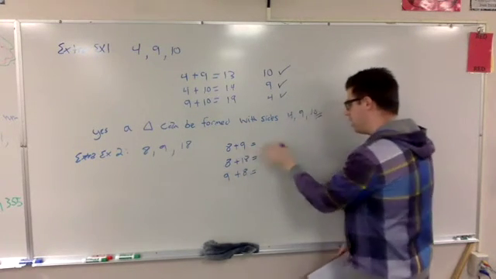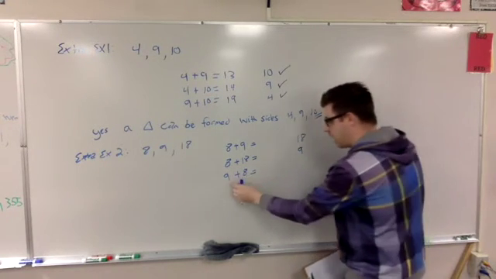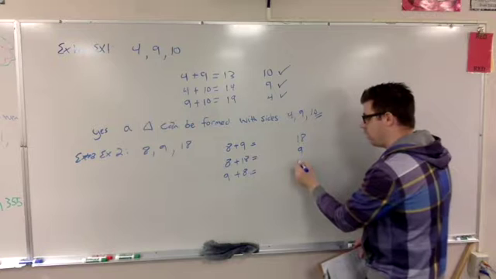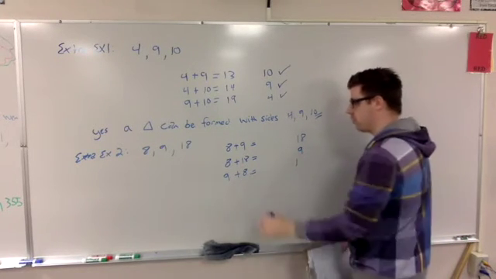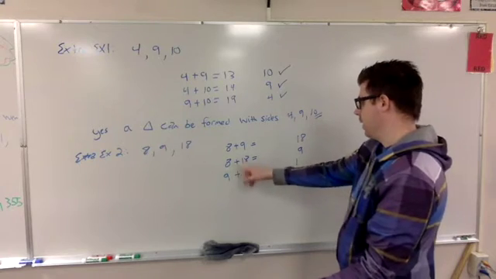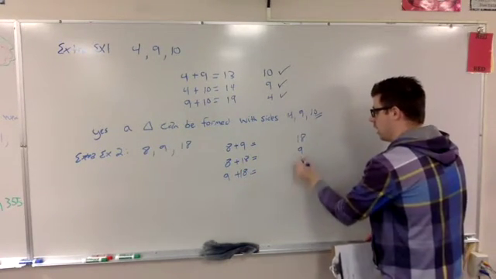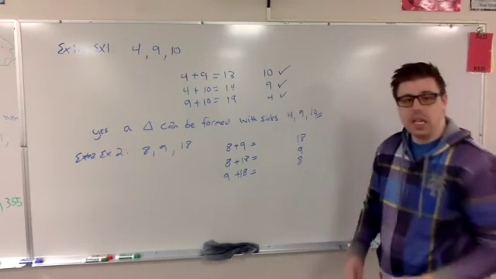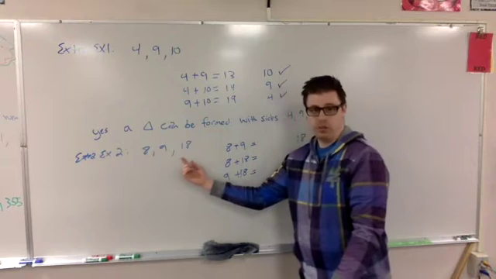The side we didn't use here was 18, the side we didn't use here was 9, and the side we didn't use here was, I guess I did those twice. Which one am I missing? 9 plus 18. There we go. So the side we didn't use was 8. If all three of these work, then yes, indeed, this could create a triangle.